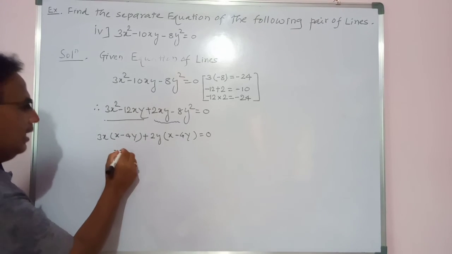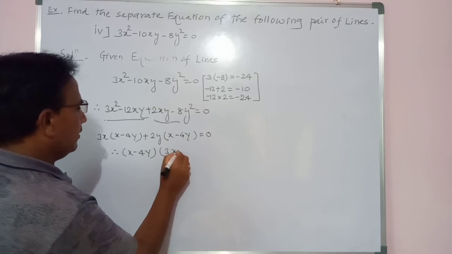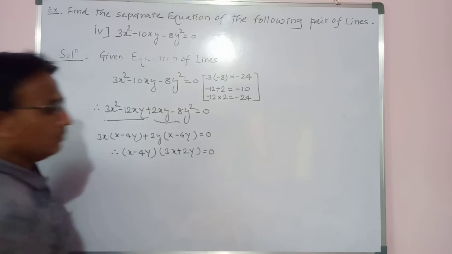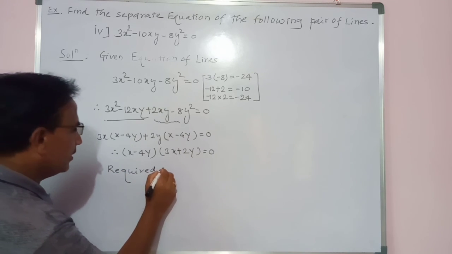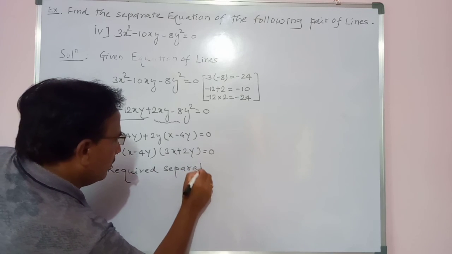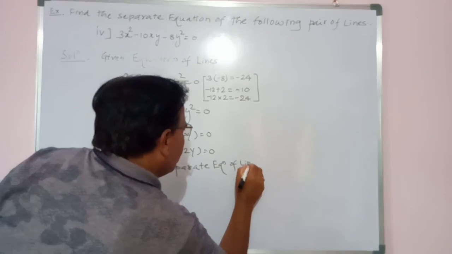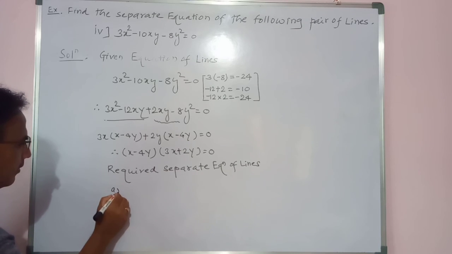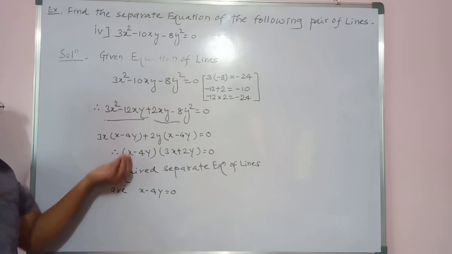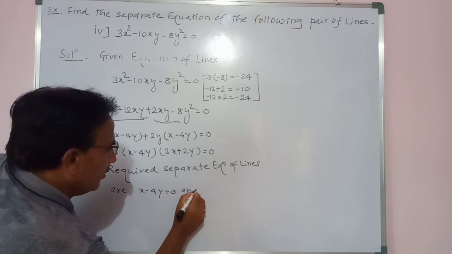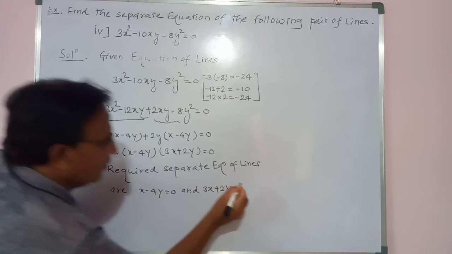One bracket x − 4y is common and the other is 3x + 2y = 0. The required separate equations of lines are: first is x − 4y = 0 and the second equation is 3x + 2y = 0. Okay.